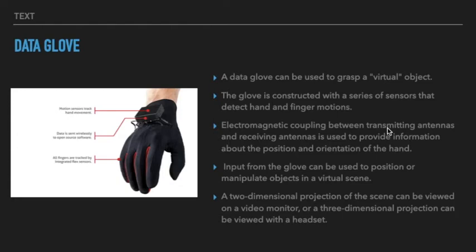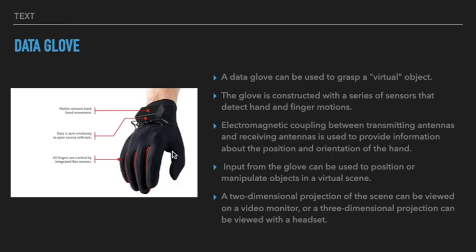Then another type of input device is a data glove. A data glove looks similar to a hand glove, and this glove can be used to grasp a virtual object. This glove is constructed with a series of sensors that detect hand and finger motions, and electromagnetic coupling between transmitting antennas and receiving antennas is used to provide information about the position and orientation of the hand.